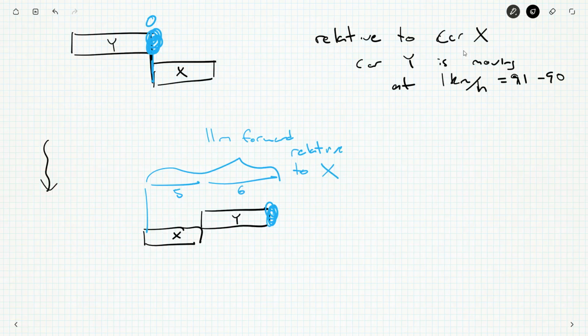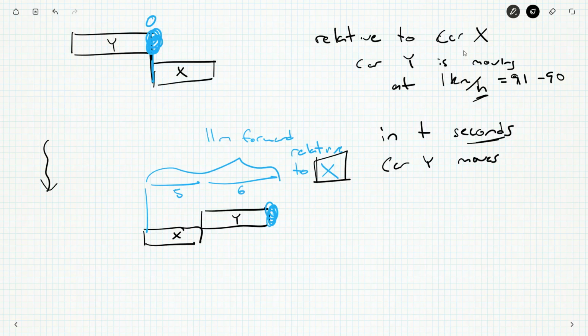So understanding how their speeds are relative and how the distance that Y makes up is relative to what the guy in X sees helps us figure out this question. So in t seconds, which again, I don't like that we're switching units here, but in t seconds, car Y moves relative to X by 11 meters.